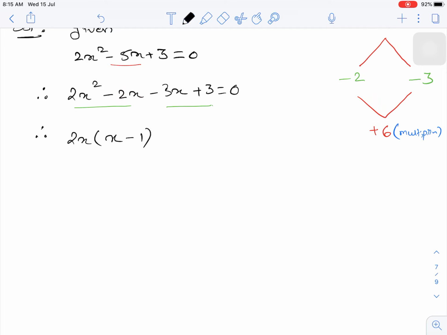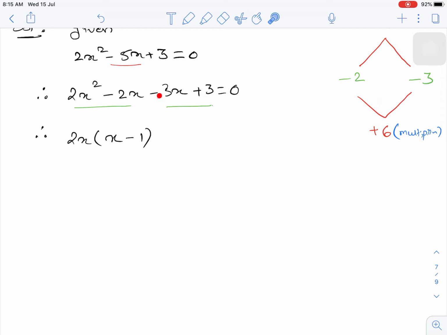Now we have removed the first common factor. Remember that if you are sure that the first common factor you have written is proper, the second will also be the same. So how to find it? Now here we have minus 3x plus 3. Do we have any common number or variable between them? Yes, in both terms 3 is present.